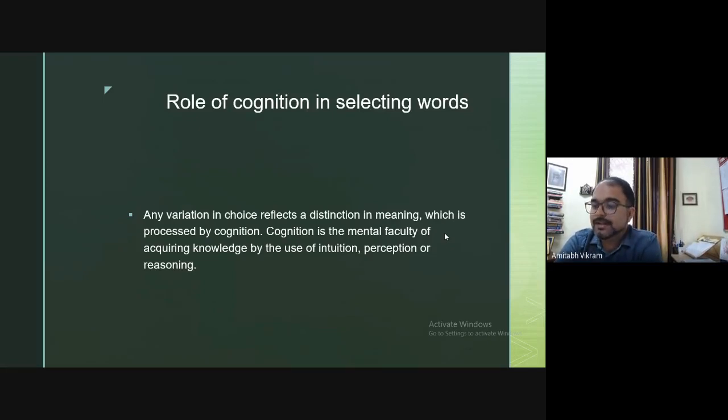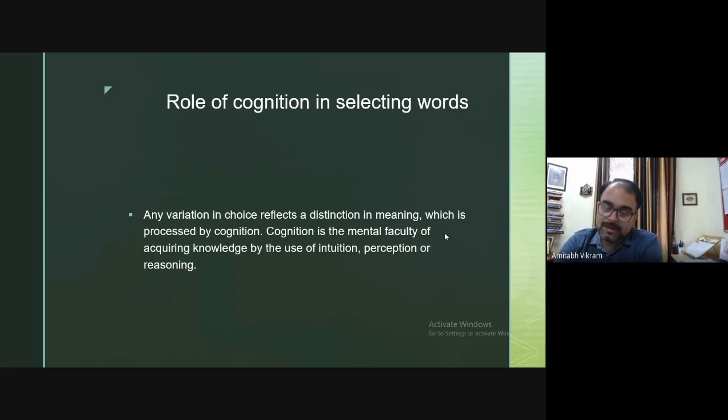And if I say this type of expression, then there is the possibility that you will not understand. So what is more important? Important is to cognize the situation, using intuition, perception, or reasoning. That is more important when you select an appropriate word.